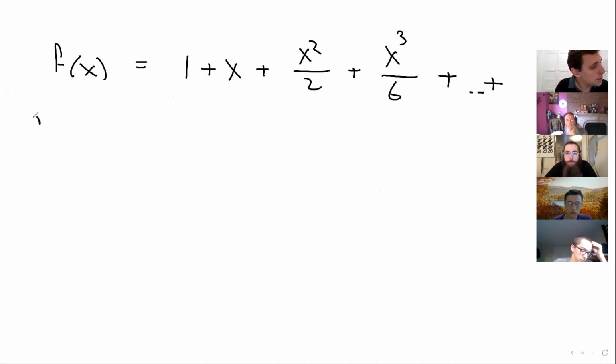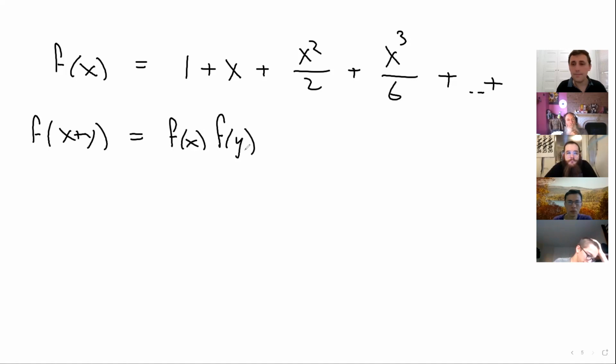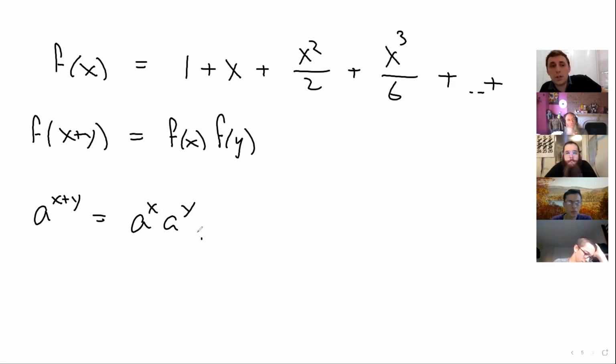Then you would find that f of x plus y is the same as f of x times f of y. If you remember, a to the power of x plus y is supposed to be a^x times a^y. Okay, so you will begin verifying that it has exponential properties.